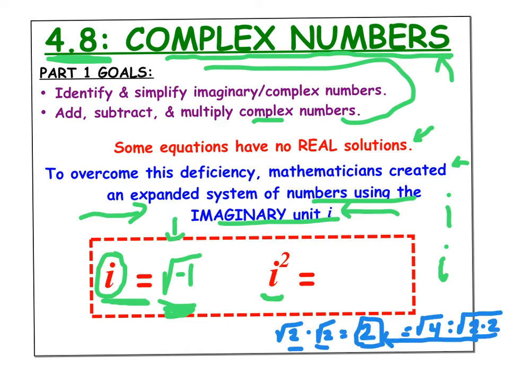Now, as we get to imaginary numbers, the square root of negative 1 is i, so i squared is 2 i's. i times i. That's another way of saying a square.